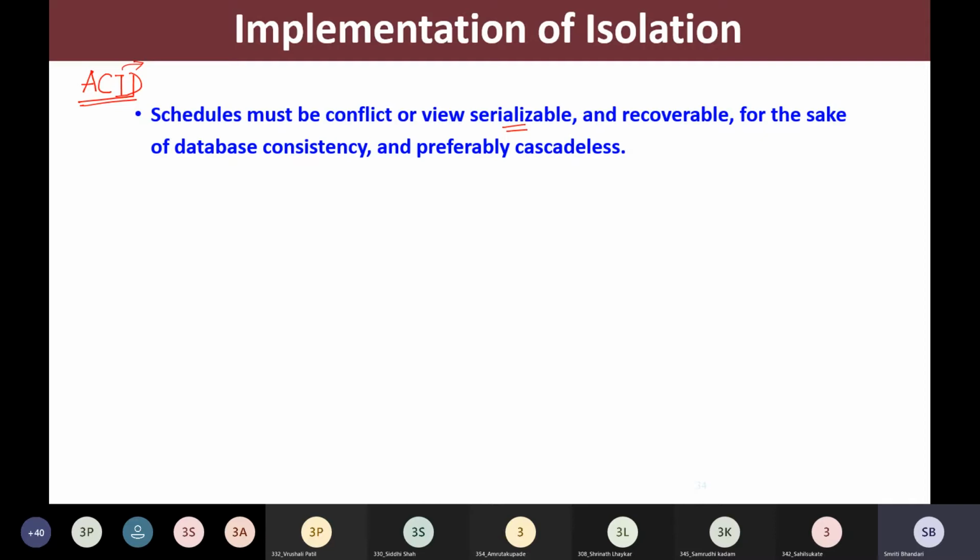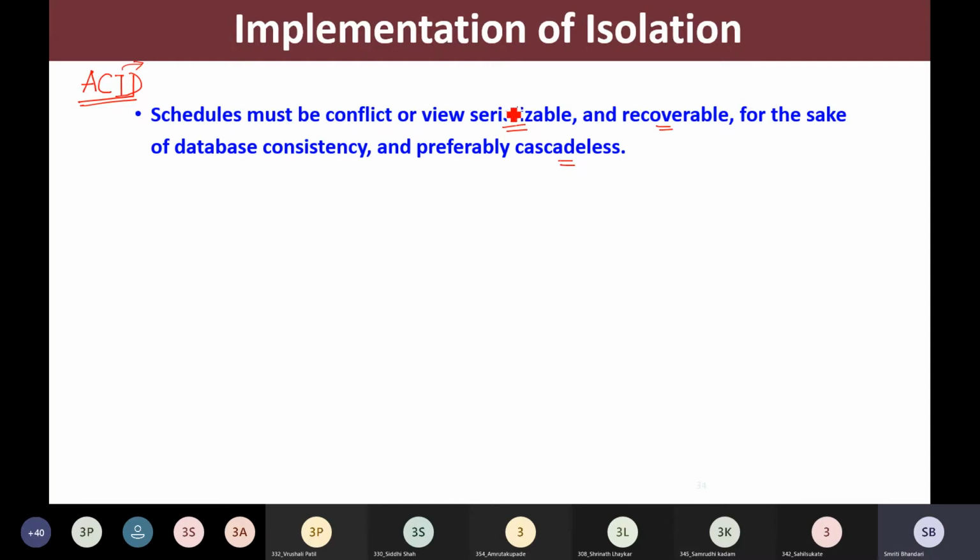As I stated, we are not going to focus upon view serializability, but we had a lengthy discussion about conflict serializability. Whichever schedules are generated must be conflict or view serializable. Those must be recoverable, and for the sake of database consistency, preferably they should be cascadeless.